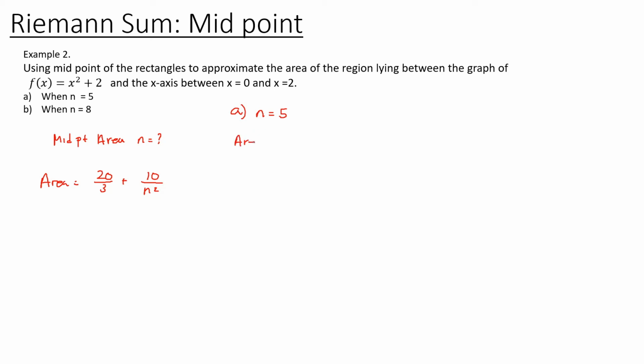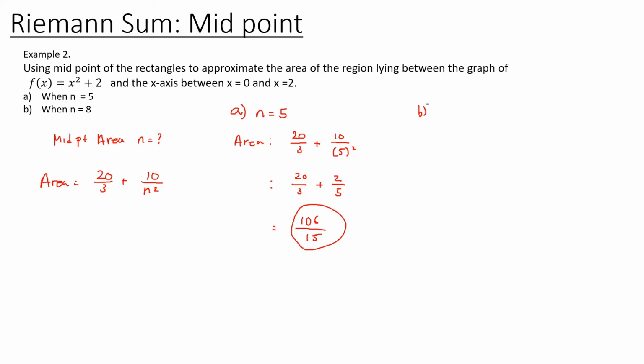So the area has to be 20 over 3 plus, n being 5, 10 over 5 squared. So 20 over 3 plus 2 over 5. With the common denominator of 15, you should get 106 over 15 as your area.